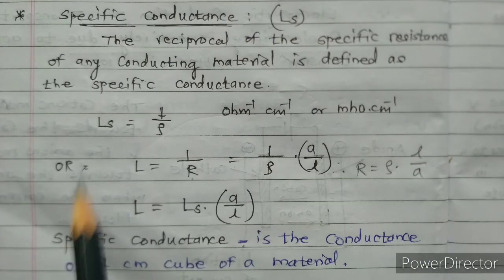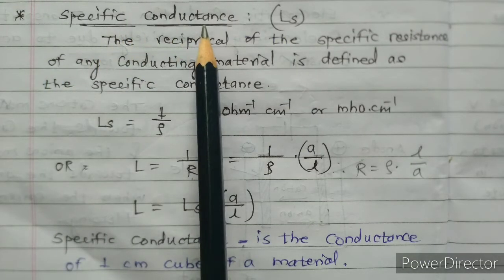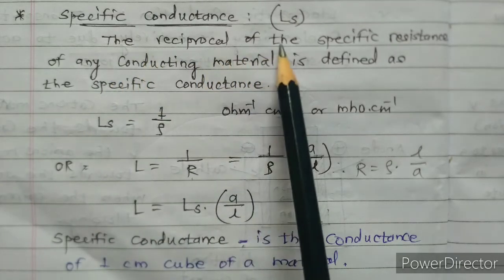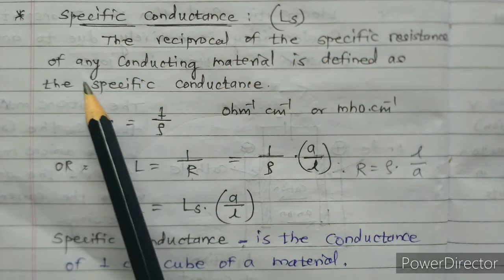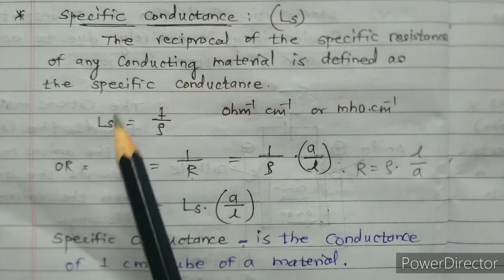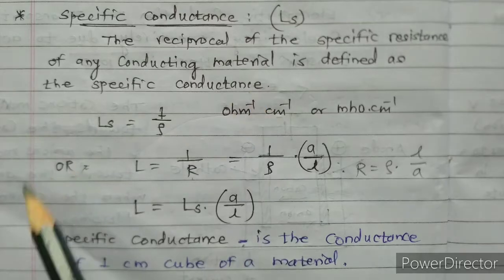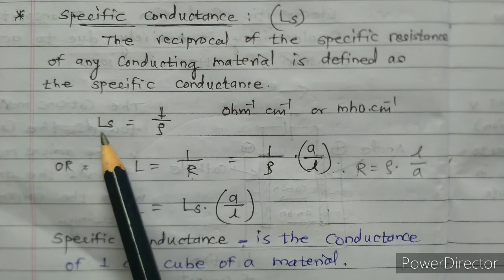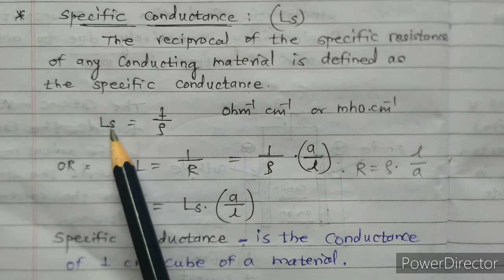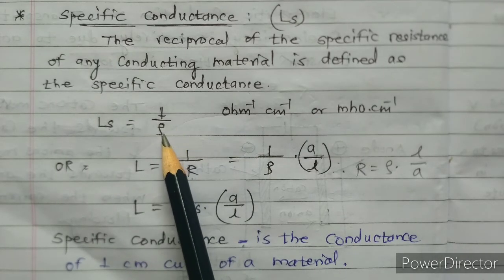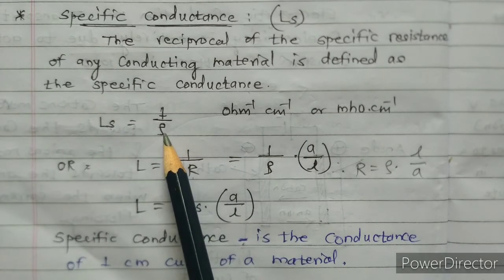Conductivity is always expressed in terms of specific conductance. The reciprocal of the specific resistance of any conducting material is defined as the specific conductance. As we know, Ls, the specific conductance, is equal to 1 upon specific resistance rho.